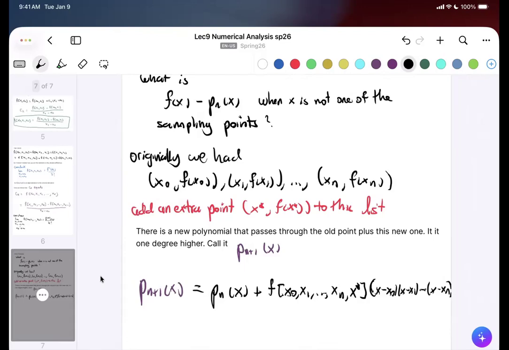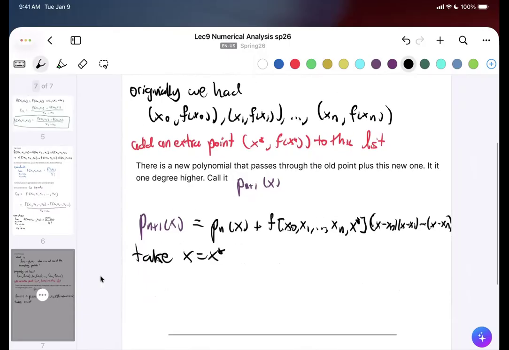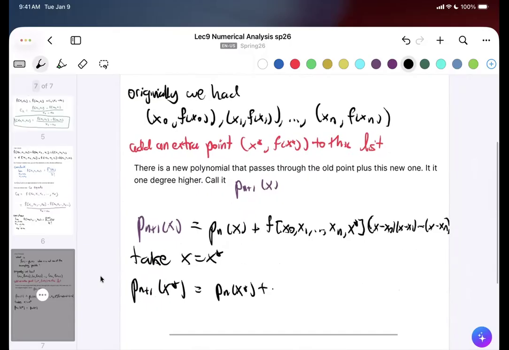And then if you evaluate this equation at x star, this is true for every x. So if you take x equals x star, you get Pn plus 1 of x star, which is Pn of x star plus all this stuff.